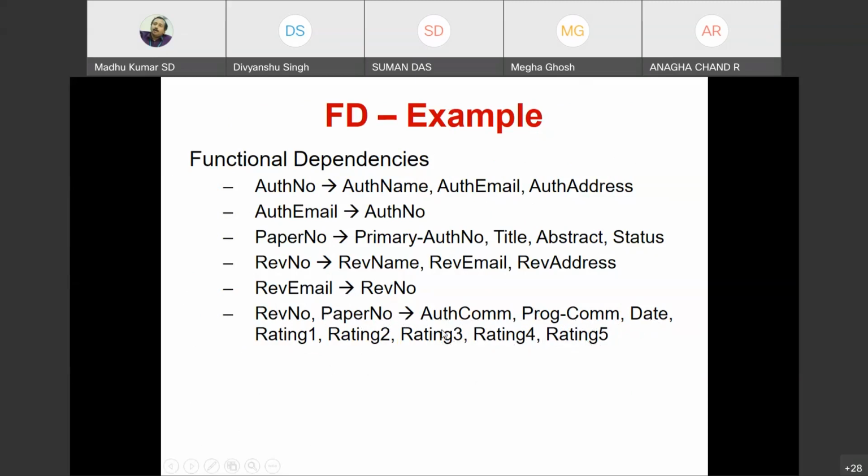So this functional dependency is said to be full. What is the condition for that? Agninijit, when can we say that the functional dependency revision number, paper number determines the rest of the attributes is a full functional dependency? Agninijit?